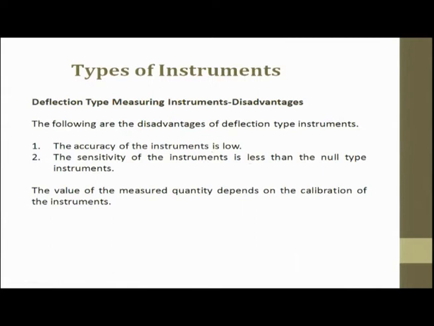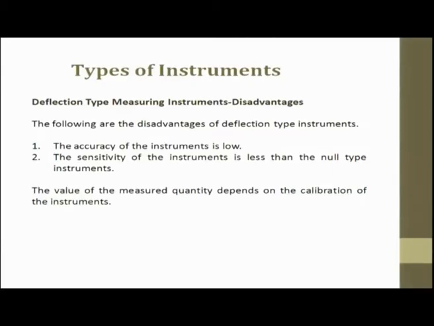Sensitivity of the instrument is also less. Accuracy is less and sensitivity is less, because the sensitivity in turn depends upon the spring constant. You can't vary the spring constant in very small steps. If you cannot vary it in very small steps, then the pointer, which shows the displacement, also cannot show it in very small steps.